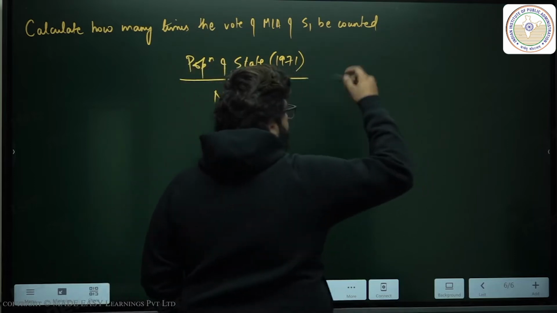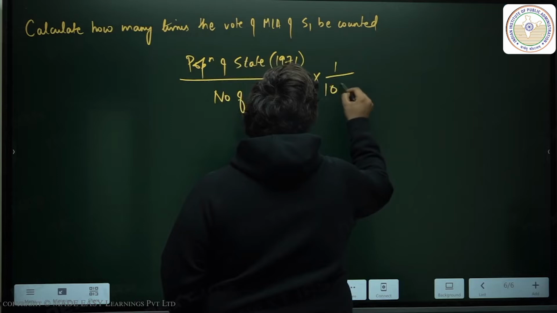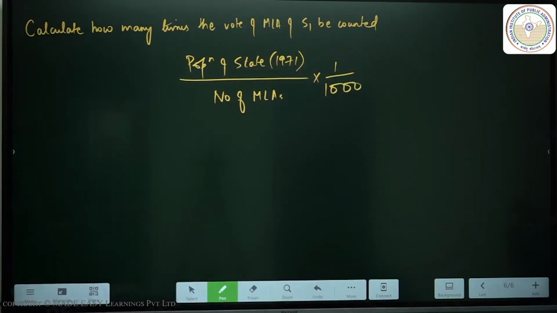And because this is going to be a very heavy number, we will further divide this number by 1,000. If you divide all numbers by 1,000, it does not make any difference. Do we understand this? Is this fine?